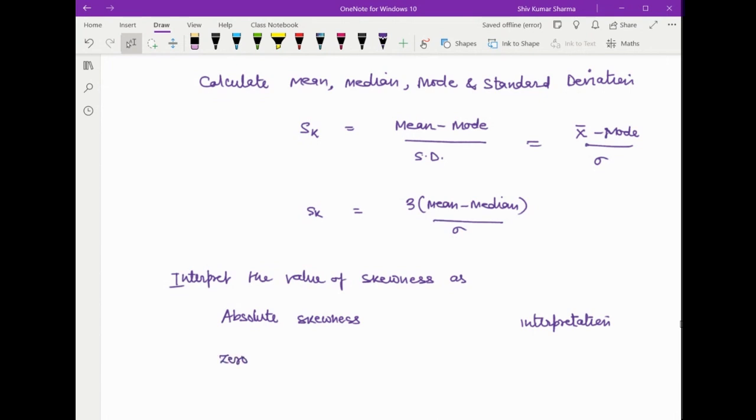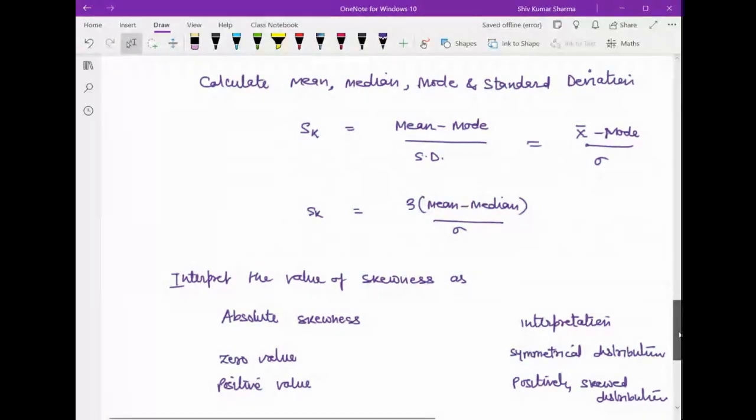If skewness provides us a zero value, we can say that the distribution is symmetrical. Zero value means there is no skewness. If it provides a positive value, we can say it is a positively skewed distribution.